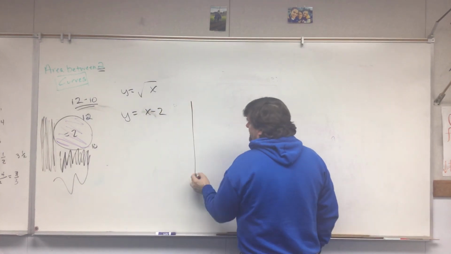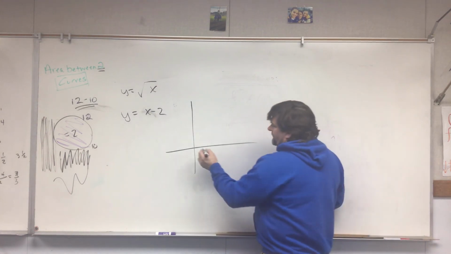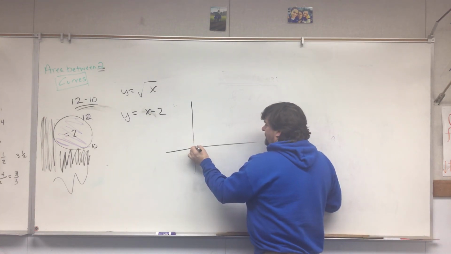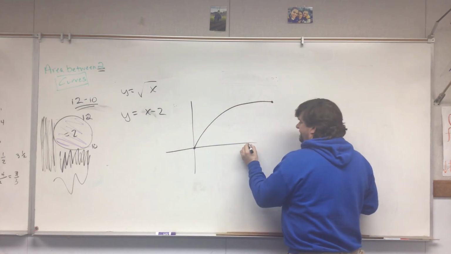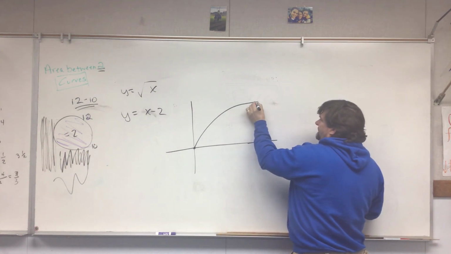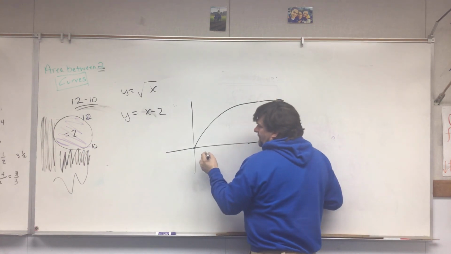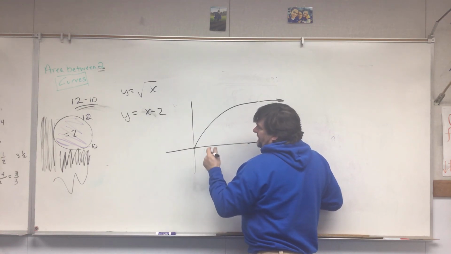So if you put them in your calculator, you'll get a good idea, or put them in Desmos, I don't care. So if we're going to look at this, oh, look at that, that's going to go like this, okay? And I don't know if it's just going to keep going, I guess. And then we have this value here, which is x minus 2.